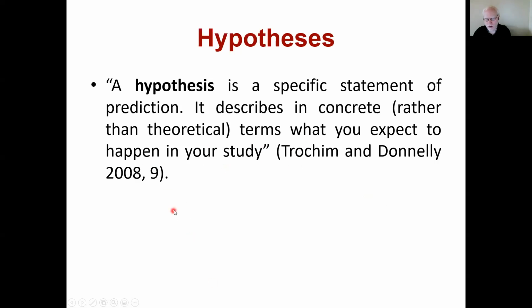If we have a study where we're looking at interest rates, we would expect to see that when there's lower interest rates, spending goes up. So it's a cause-effect relationship in that case, but it could just even be correlational, but it's what we expect to see in the study.